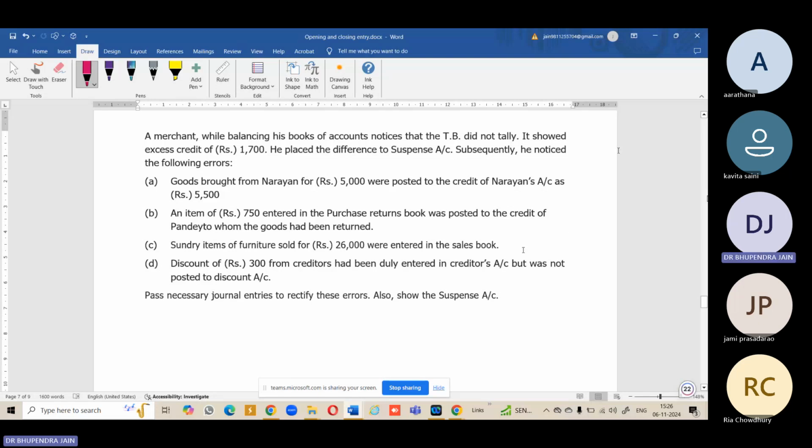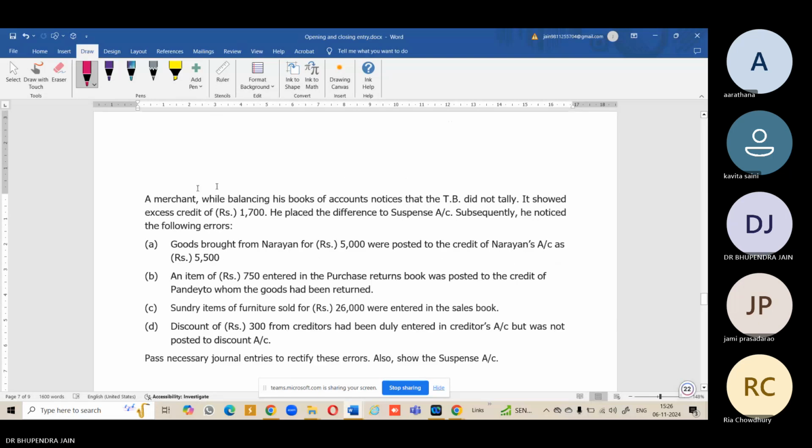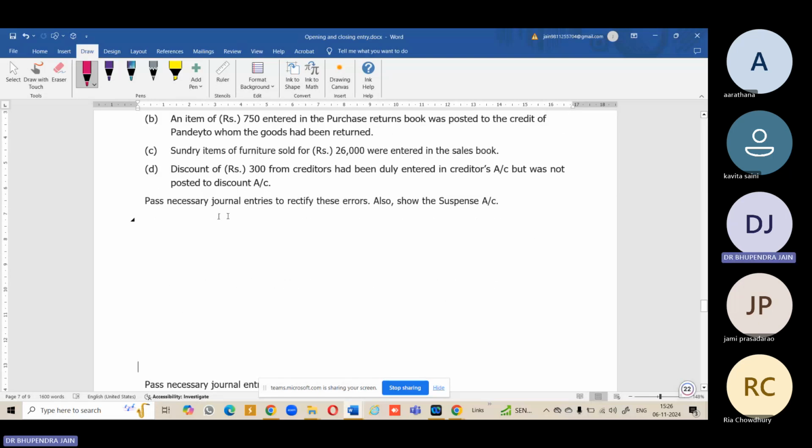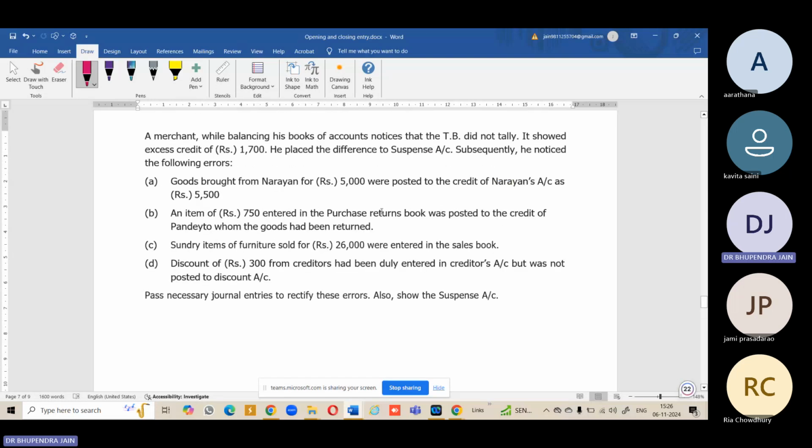तो क्या बोलता है बेटे, some of the errors he found, but pass the necessary journal entries to rectify these errors and also show the suspense account. So first we will pass the entry, then we will prepare the suspense account. The difference of the suspense account is only rupees 1,700.